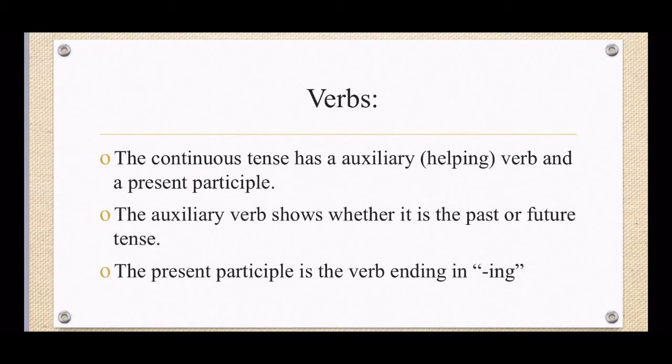So remember, guys, the auxiliary verb always shows if something is in the past or in the future tense. And the present participle is the verb ending in ing, right?